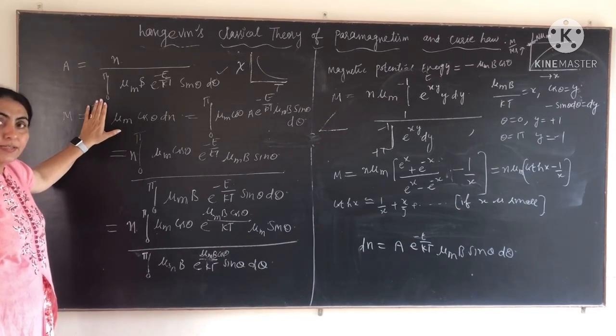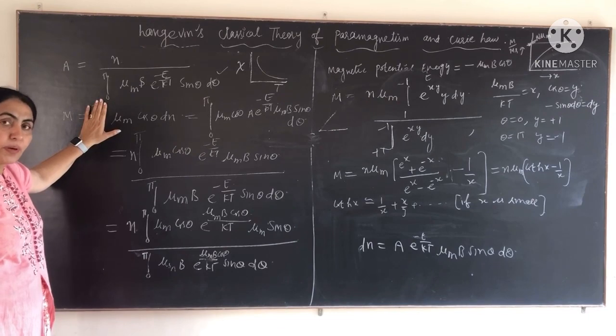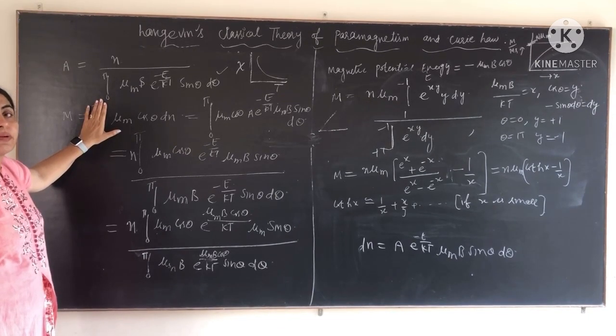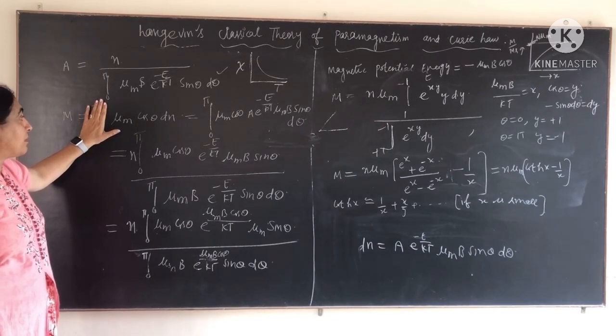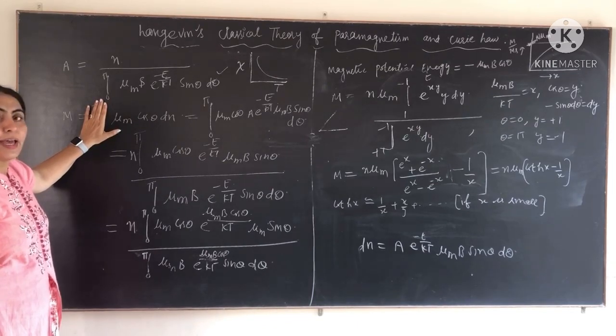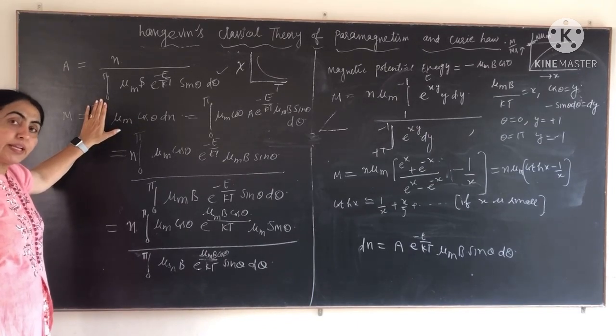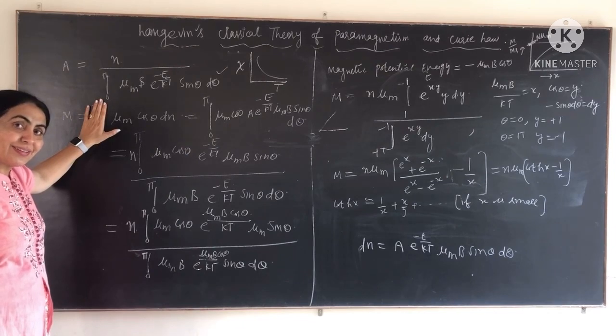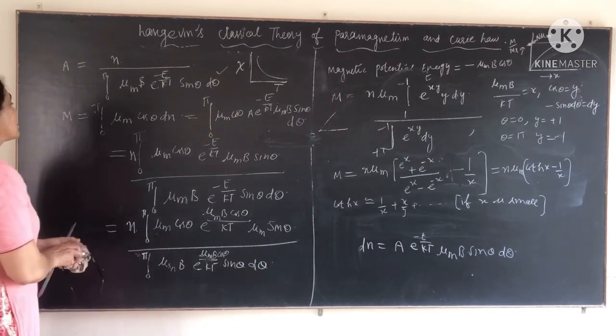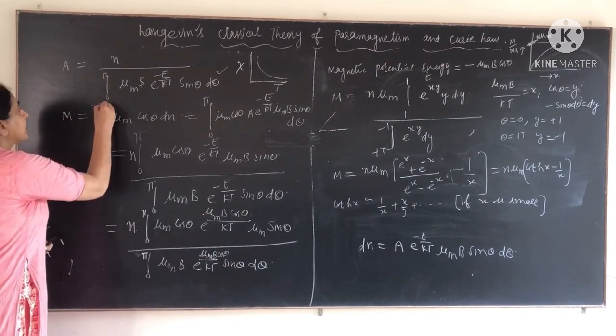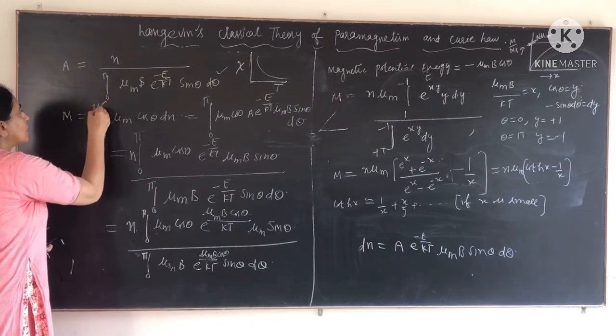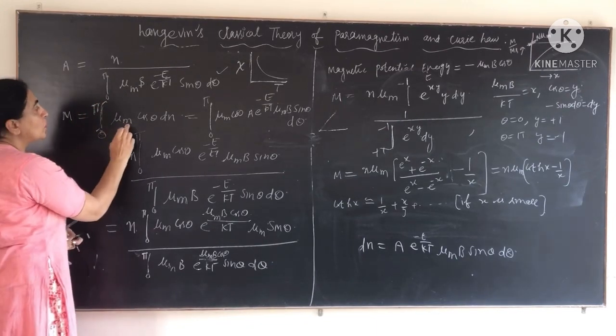We integrate this between the limits 0 to pi, because we are considering the dipoles having orientation angle between 0 and pi. So when we multiply the moment of each dipole with dn and then integrate, we get the total magnetization, equal to the integral from 0 to pi of mu_m cos theta dn.